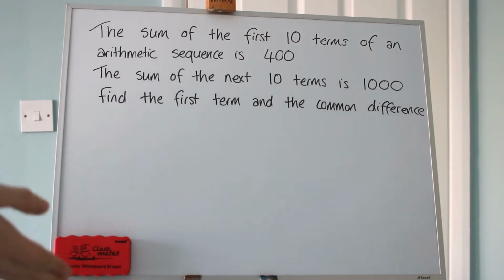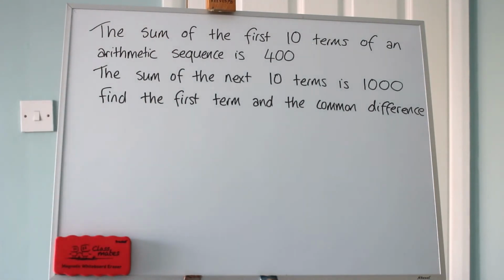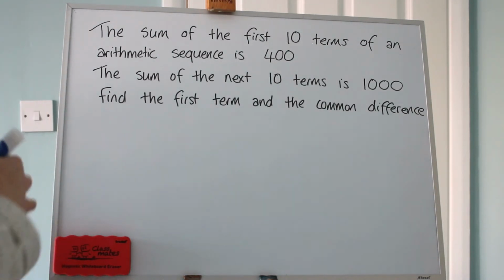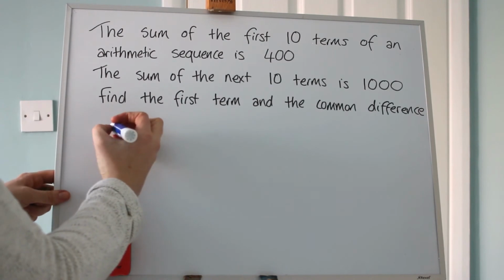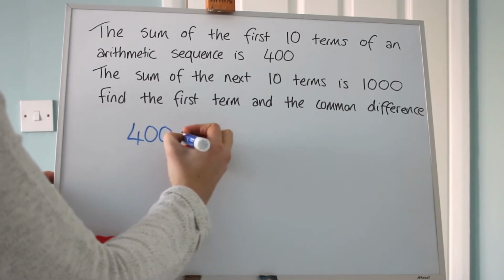We can do the same as the last question by setting up two equations and solving them simultaneously. But the two equations we're going to set up this time are by using the sum rather than the general expression. We want the sum of the first 10 terms, so do have a go at setting that one up. The sum of the first 10 terms is 400.